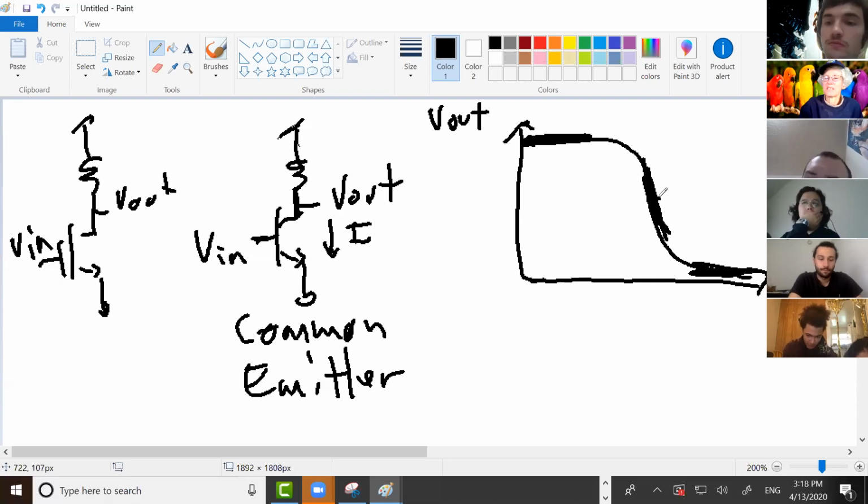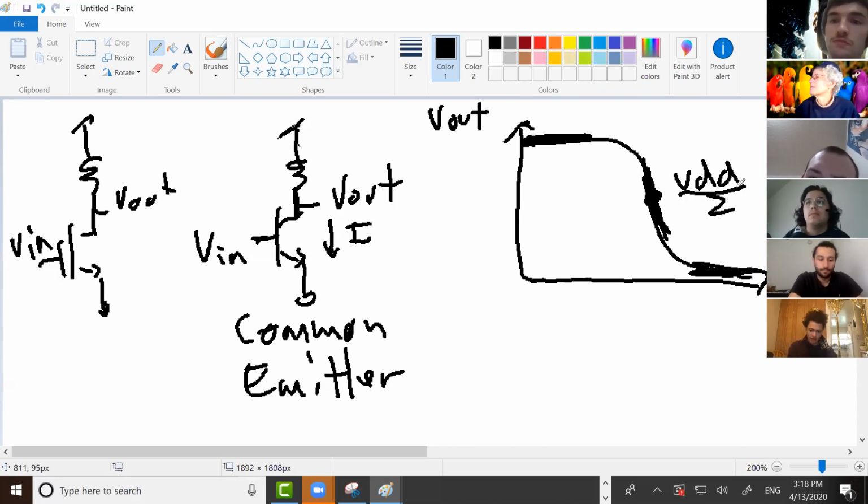Just for today, let's use VDD over 2, for example. If you could get the default current to put you right there, then that's pretty good.